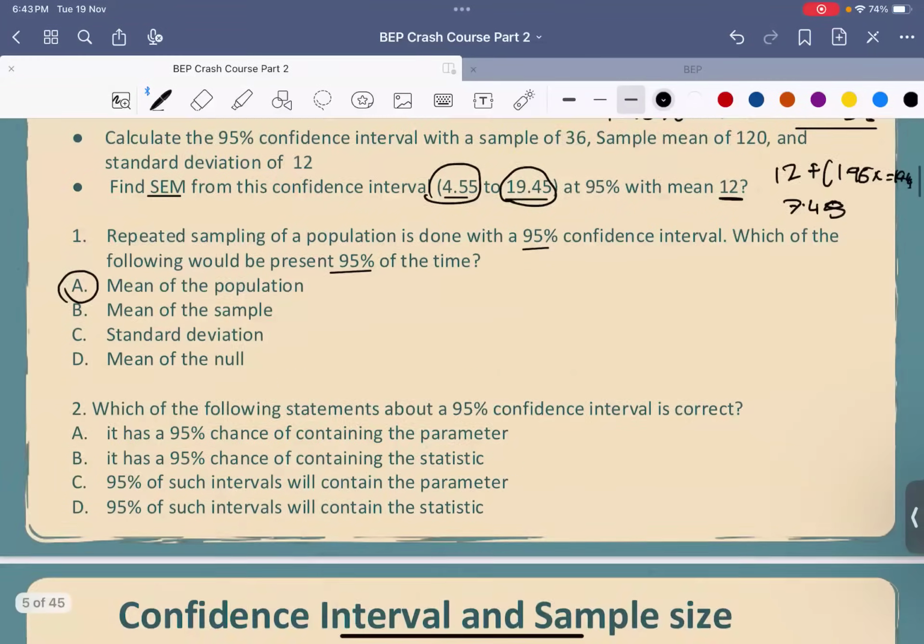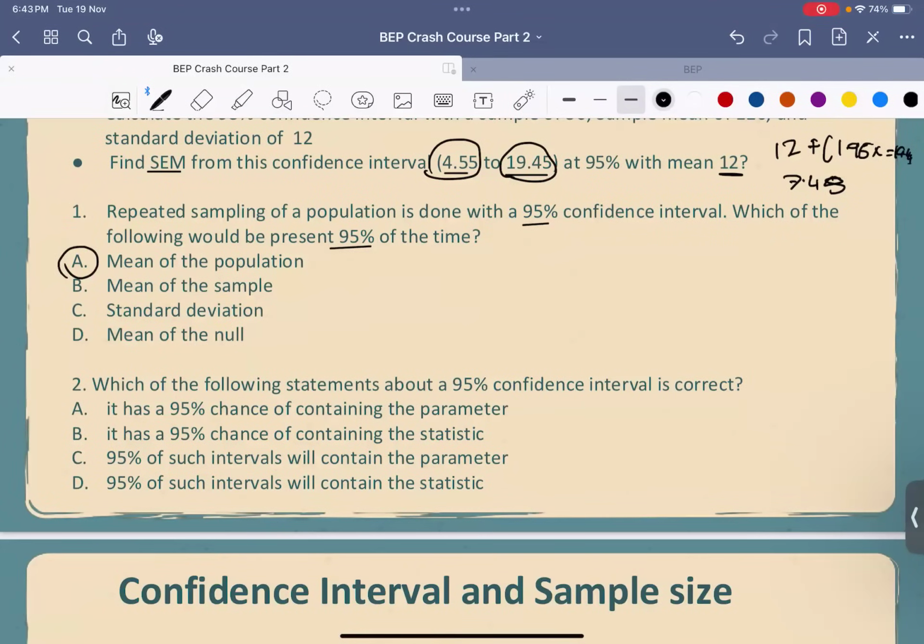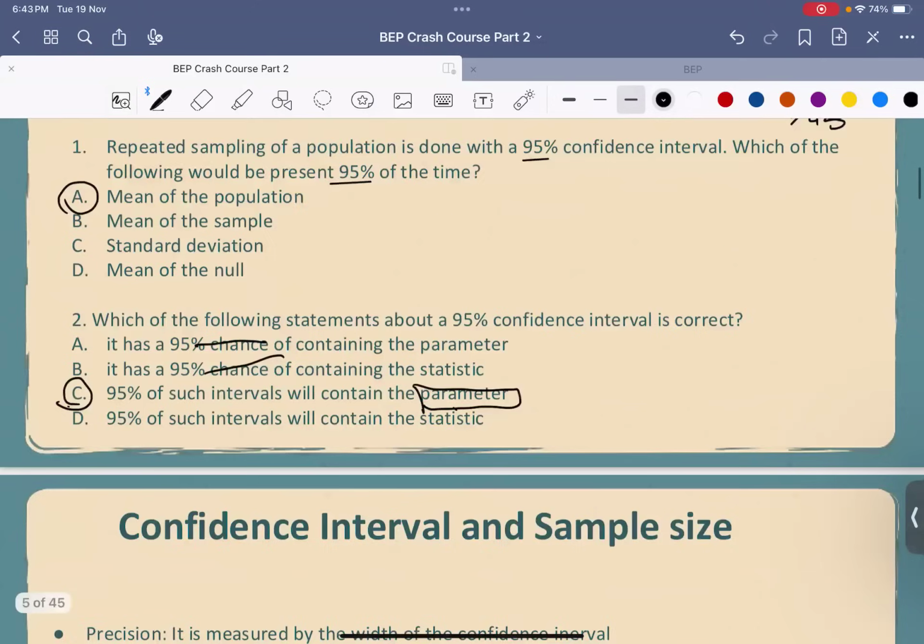Which of the following statements about a 95% confidence interval is correct? Answer this again by yourself. The answer here is C, because we said chance, we delete it, and we are talking about the population mean, so it's a parameter. It's always a parameter, okay?